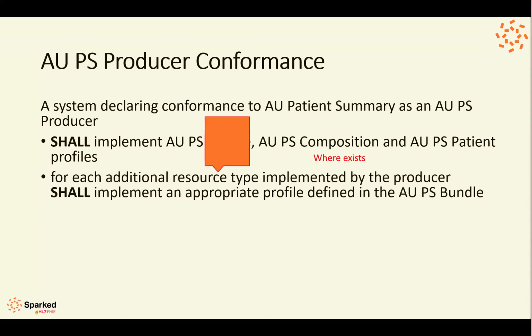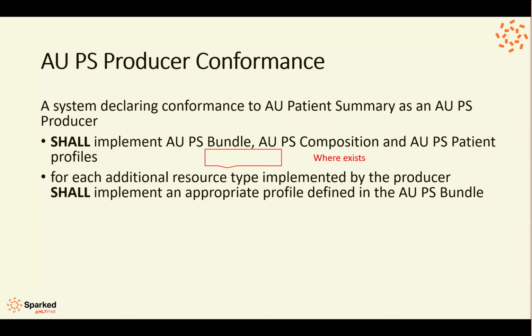So yes, only the bundles and the sections defined so far by patient summary, and they keep growing, which is fantastic, only cover certain resource types. Some are just profiled as just FHIR, like clinical impression, but it doesn't cover all of them, which might end up being relevant for patient summaries.